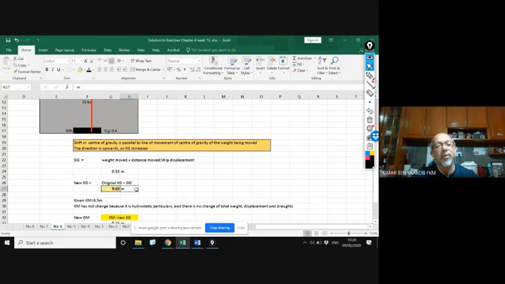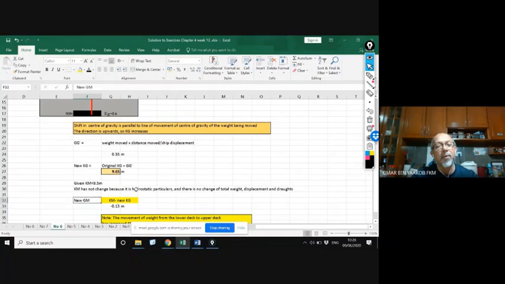So that means the new GM is... KM has not changed because there is no change in weight on board, no addition of weight, no change of hydrostatic particulars. KM is constant when the draft doesn't change. In this case, draft should not change because it is weight already on board. So since there is no change of total weight, displacement and draft, the KM remains at 9.5.